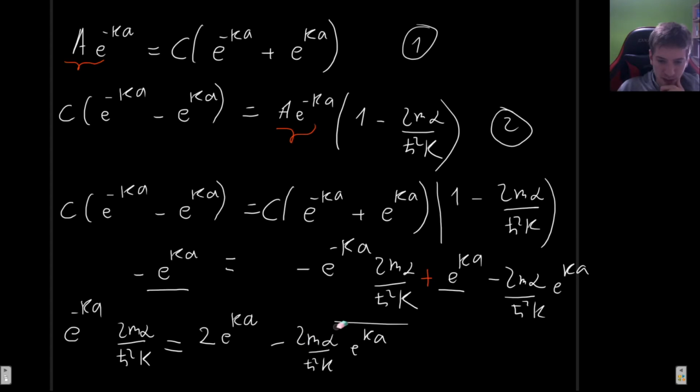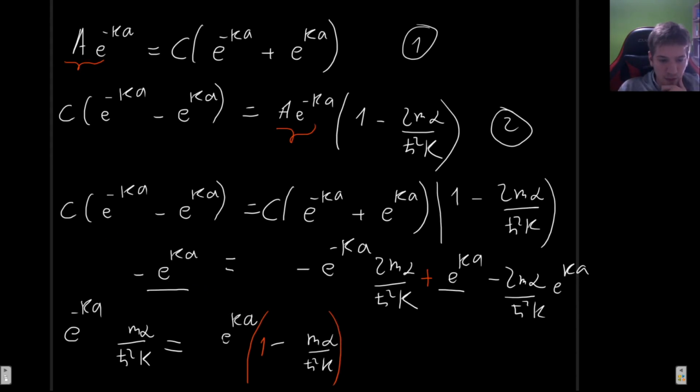So notice now I'm going to get rid of this line. We have 2 everywhere, so let's just divide by 2. And now we have this e to the ka, so we can actually just factor out. So we get e to the ka times (1 minus this right here), and we can just leave this out.